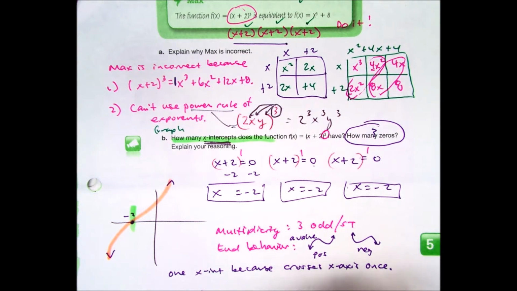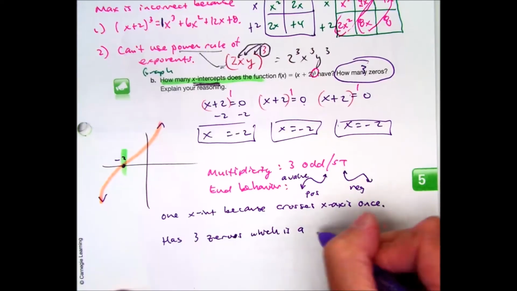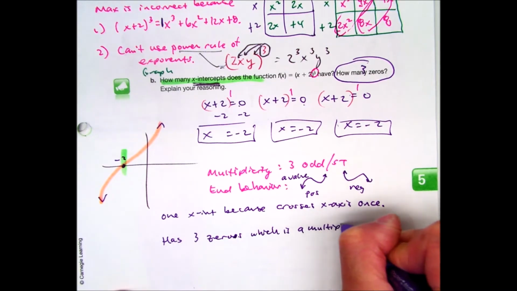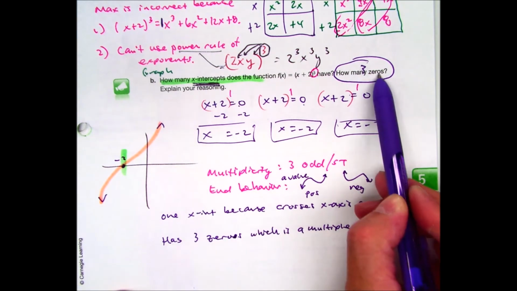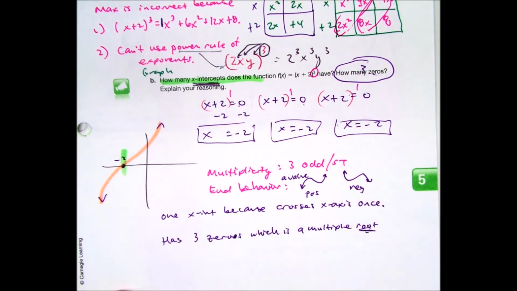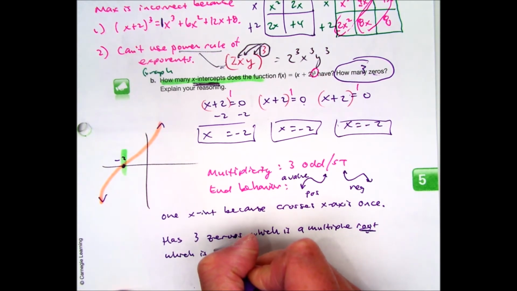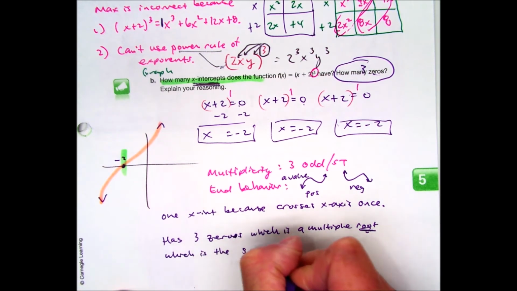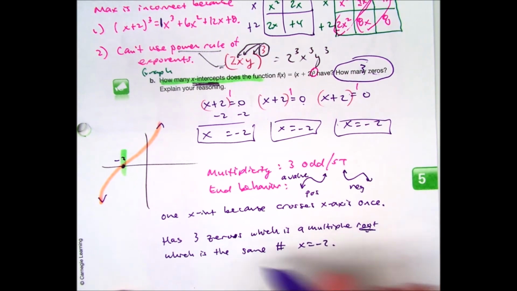So they call it a multiple root. Another word for x-intercepts or zeros is also roots, which is the same number. X is equal to -2.